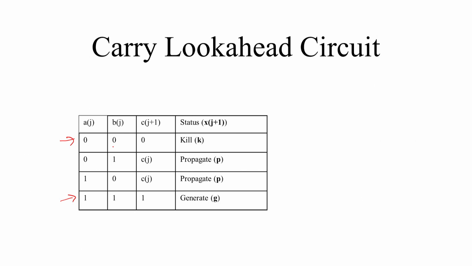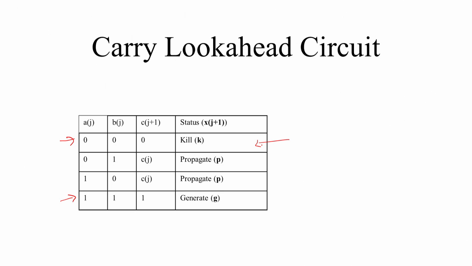That means I call it kill. I kill the carry, I do not allow the carry to propagate. When Aj equal to Bj, irrespective of the carry of my stages to the right, the carry I generate for the next stage is 0. So I call that status kill.